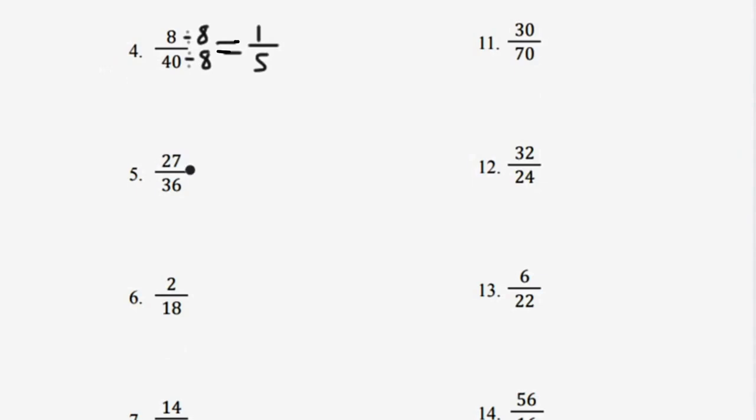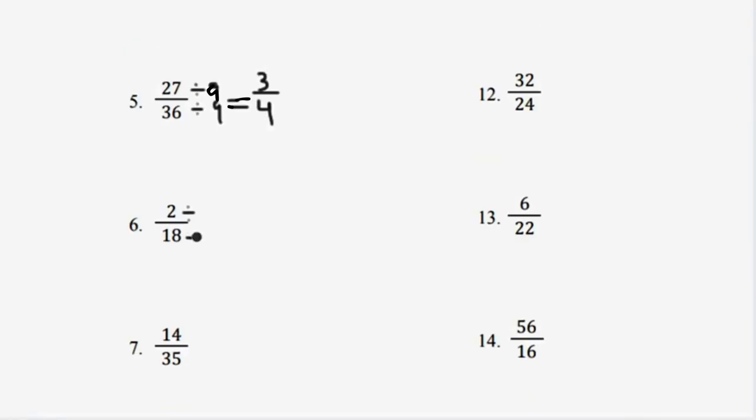So you're going to use 9 and just divide across. 9 and 9. Got 2 and 18. The only factors of 2 are 2 and 1. And 2 is also a factor of 18. That's greater than 1. So 2 divided by 2 is 1. 18 divided by 2 is 9.